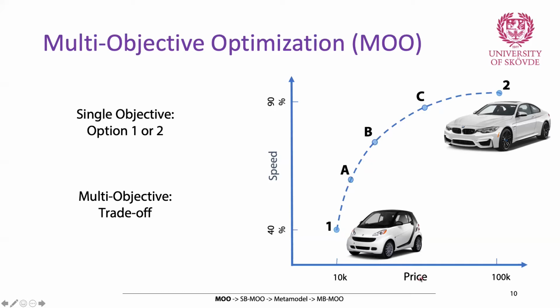So if price is more important than speed for you, you will probably select A, but if speed is more important than price, then car C will be your option, or they might have equal weight for you, so they might both be equally important. Then you will select car B. So this set of optimal solutions will create a front, which we call the Pareto front.